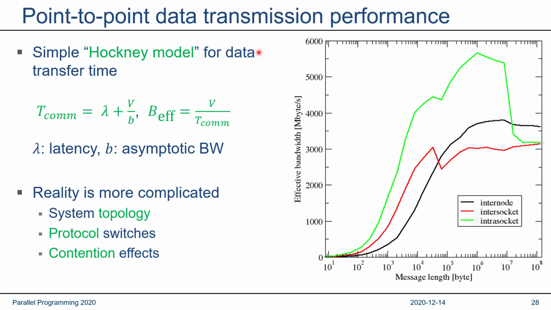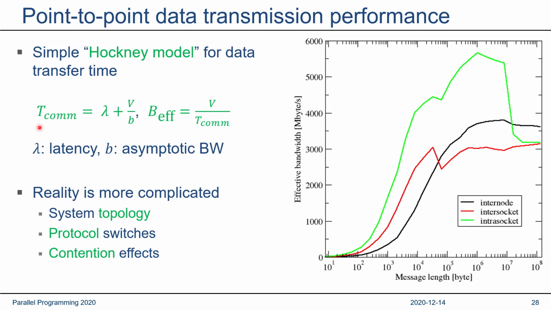We learned about data paths in the beginning when I told you about basic system architecture, and we also learned about the simple Hockney model for data transfer time, which assumes that the time required for transferring a message of length V is composed of a latency part, so like a setup or a waiting time, plus a part where the data flows at the maximum possible rate, so with its so-called asymptotic bandwidth, B. And then the overall communication time is lambda plus message size divided by asymptotic bandwidth.